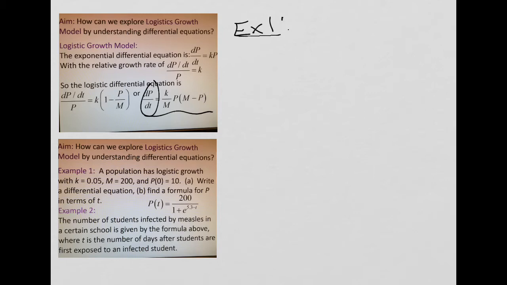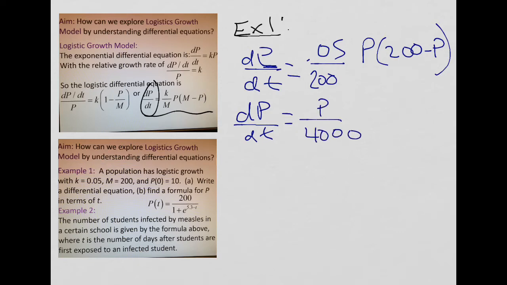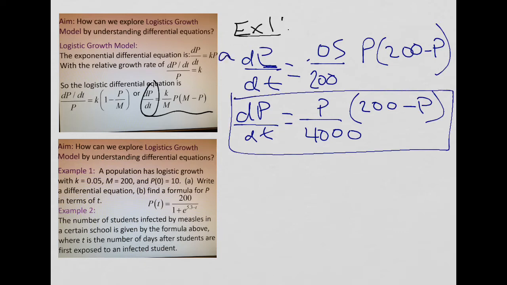So here we go. dP over dt is our given information, and we're going to leave it in terms of P, because that's what we need. And so here we have it. dP over dt will simplify to P over 4,000, once we simplify that fraction, times the quantity 200 minus P. And that's part A.